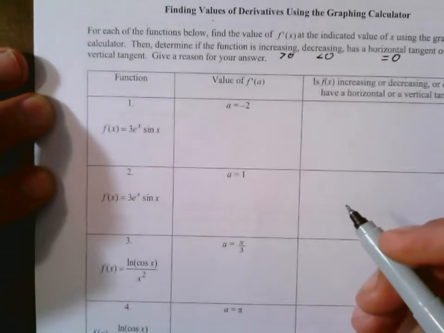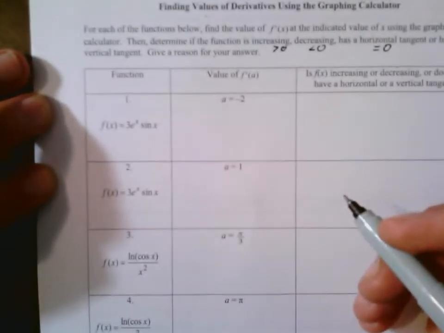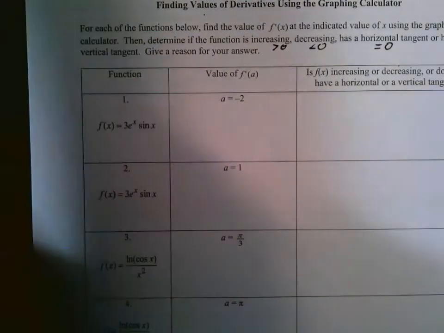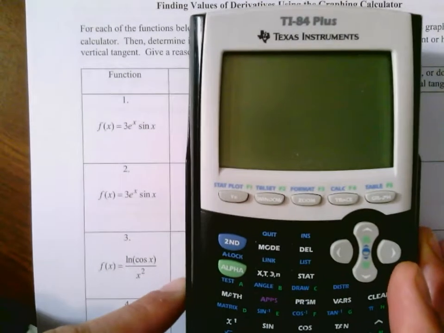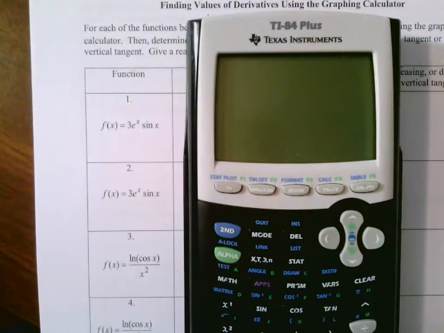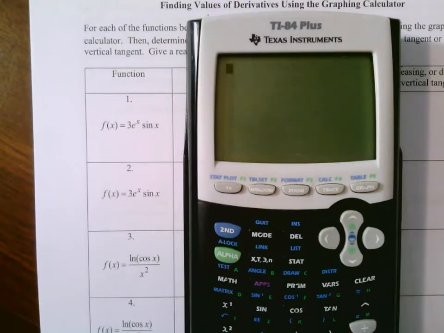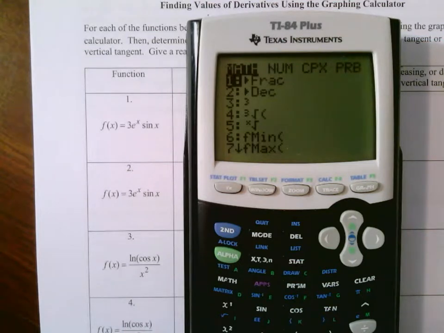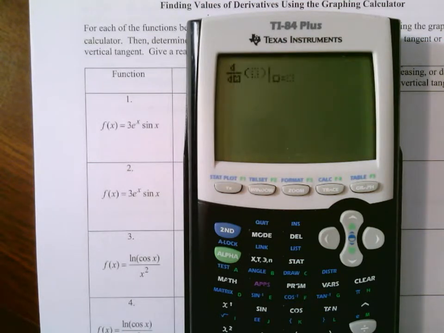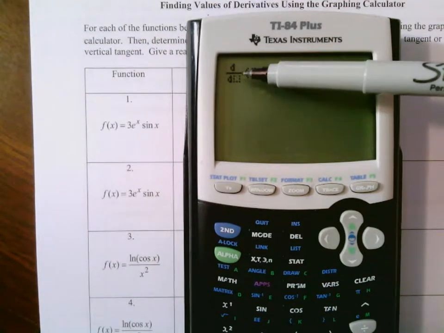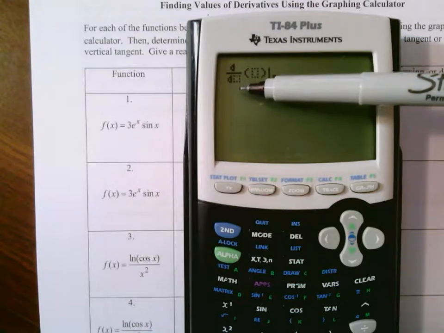That's all we're doing. So how do you do this on a graphing calculator? First you hit on, then I hit the math button. You can scroll down, it's number 8. So I hit math 8. Now remember what this notation was: the derivative with respect to what variable?